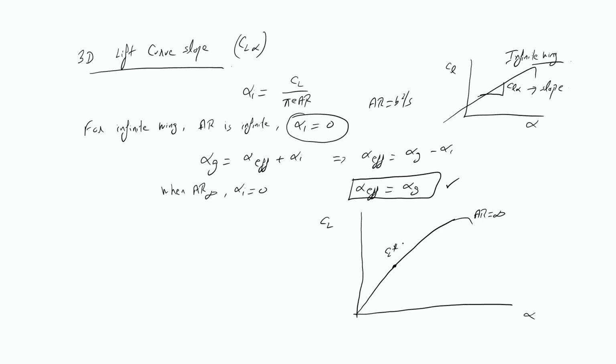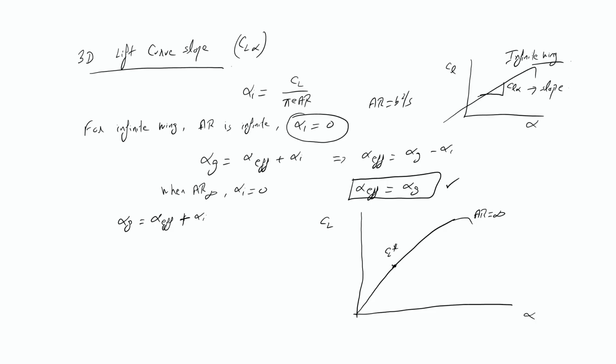Okay. Now, obviously, the aspect ratio will be finite for the real aircraft. So when the aspect ratio is finite, your geometric angle of attack is alpha effective plus alpha I. Okay. So now alpha I will not be equal to 0.